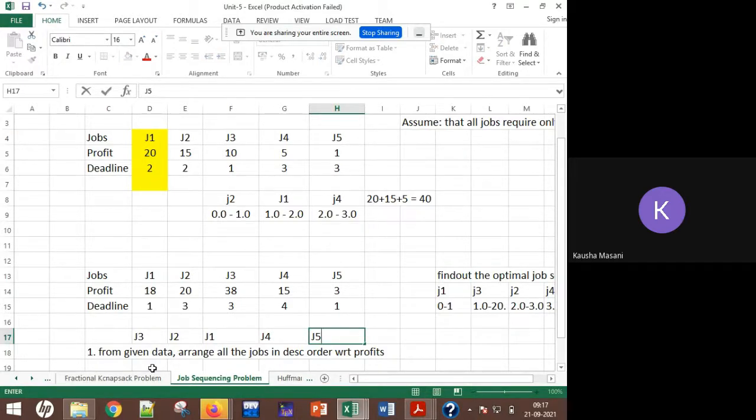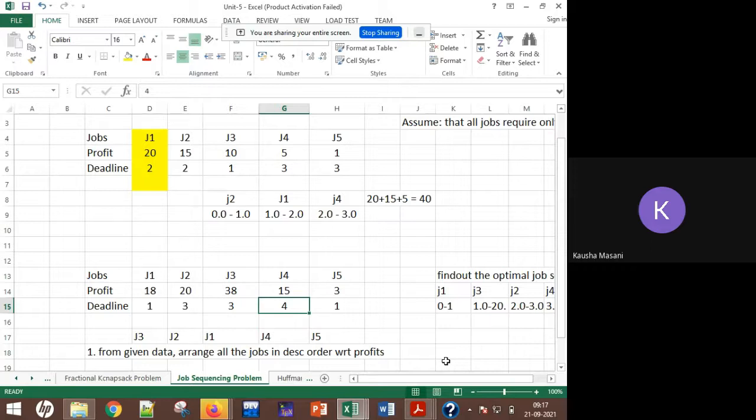Okay. Now, based on this, you have to find out what is the maximum time a machine can run. 4 units, because 4 is the maximum deadline. So you divide 0 to 1, 1 to 2, 2 to 3, 3 to 4.